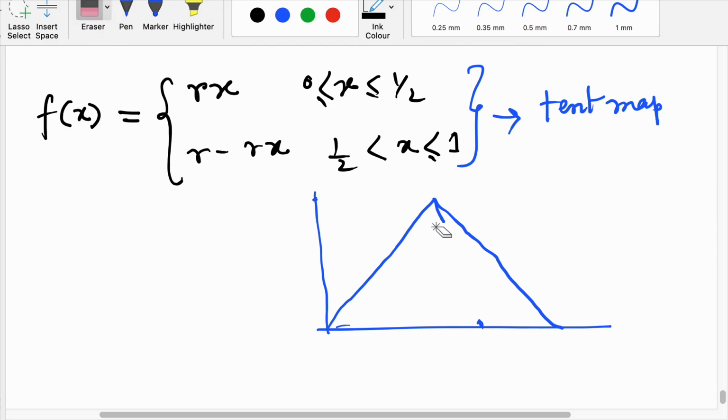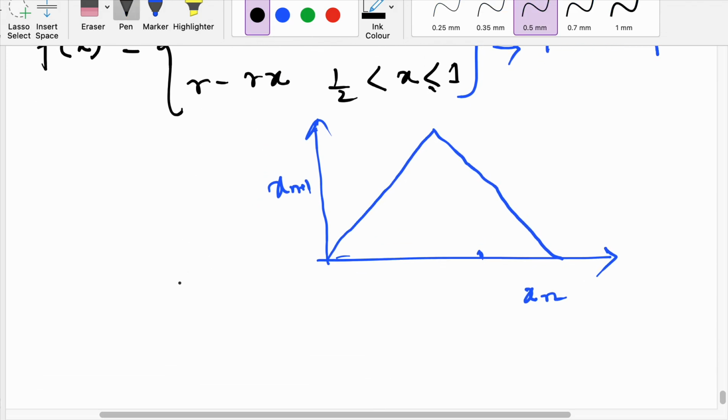So this is the kind of graph of the tent map. This is xn, this will be xn plus 1. Now if I ask you to calculate the Lyapunov exponent, what should we do first?